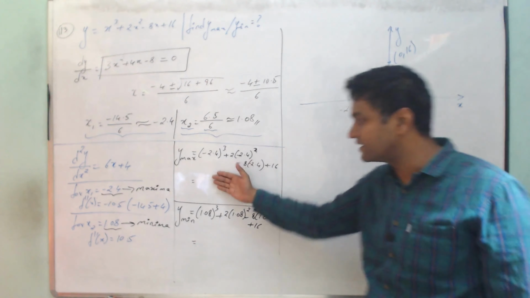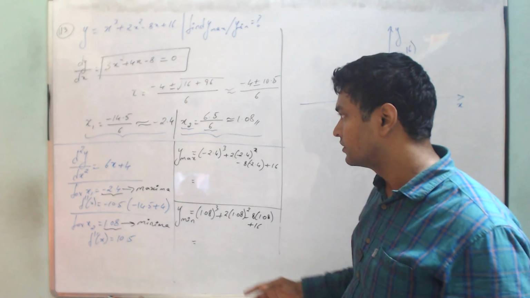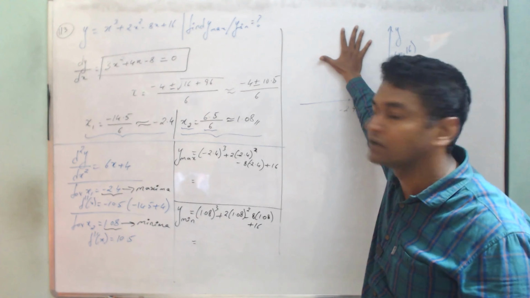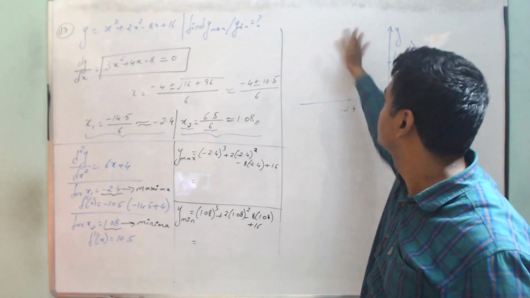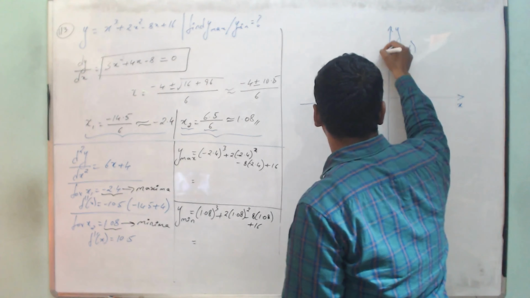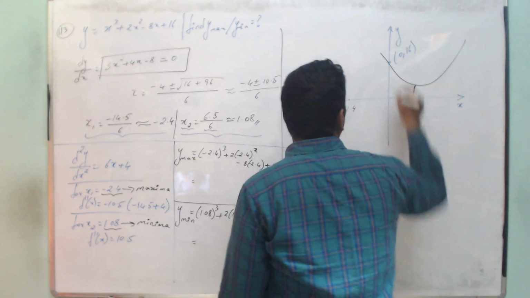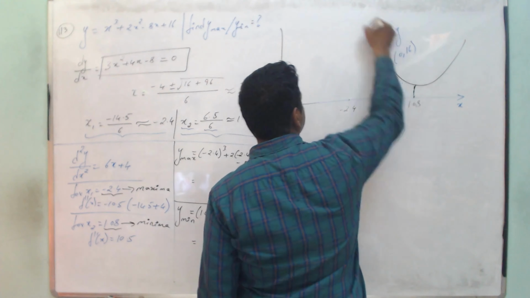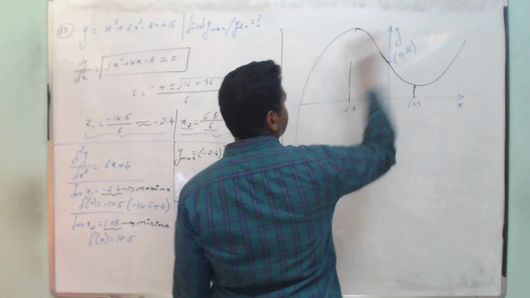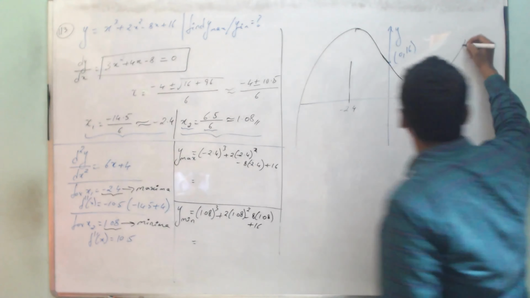If we get the exact y values using a calculator or whatever, we can plot it in a more accurate way. So I am basically figuring out that it has to pass through this. So it should come like this, where minima is at 1.08. And because it has to pass through this, it will go like this, and where maxima is occurring at minus 2.4. So the curvature has to look like this.